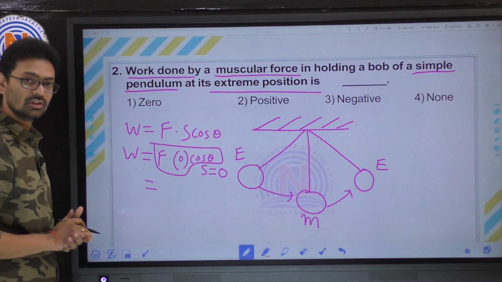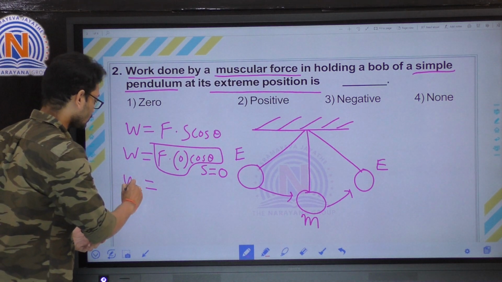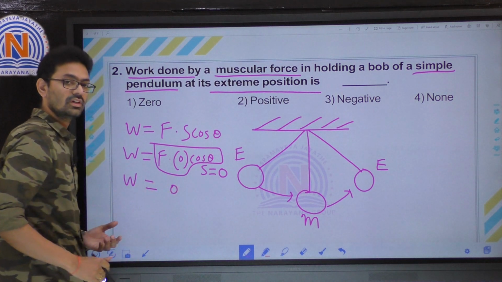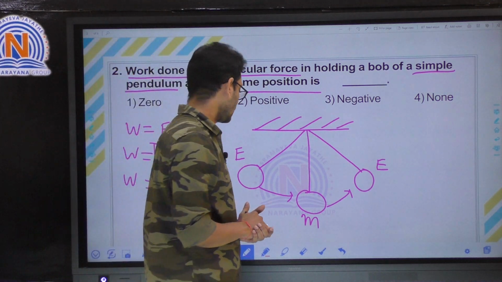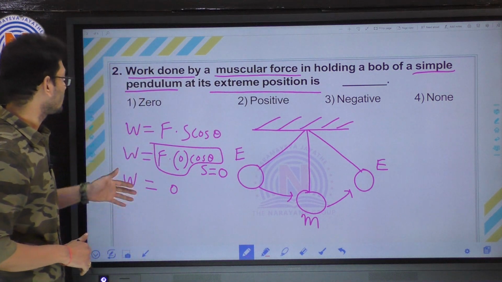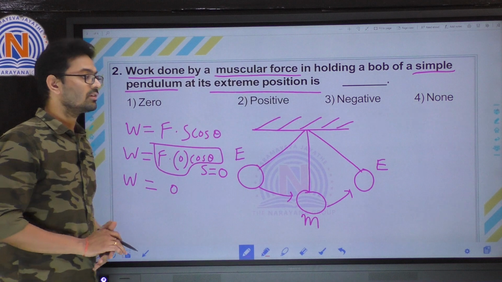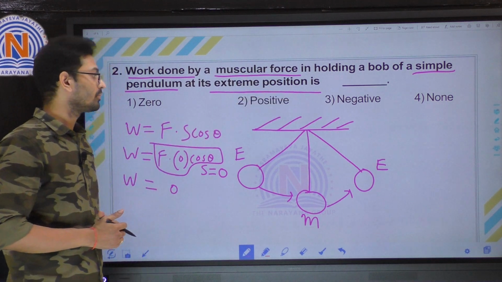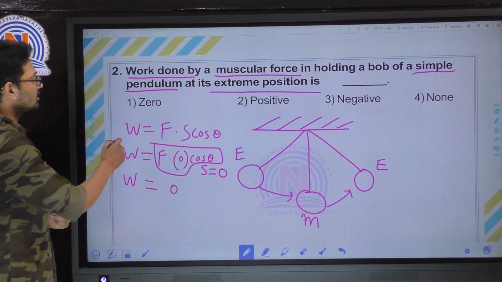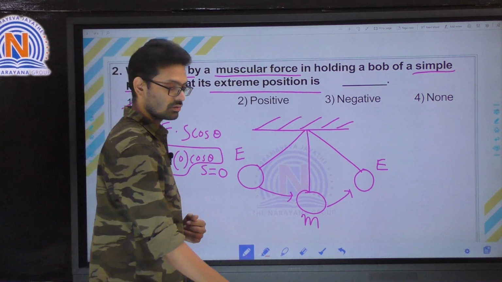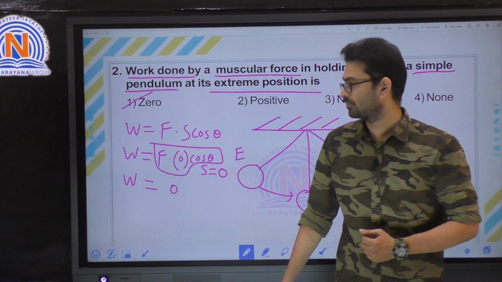When you have 0 in the product, the work done is 0. Now let us go to the options. First option is 0, second is positive, third is negative, fourth is none. So your correct answer is the first one, which is 0.